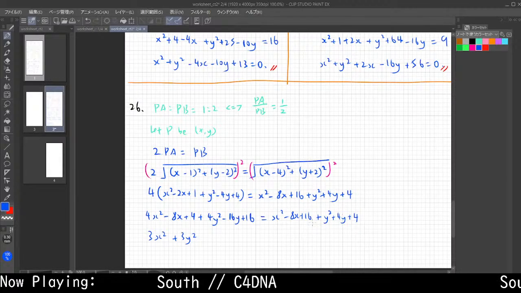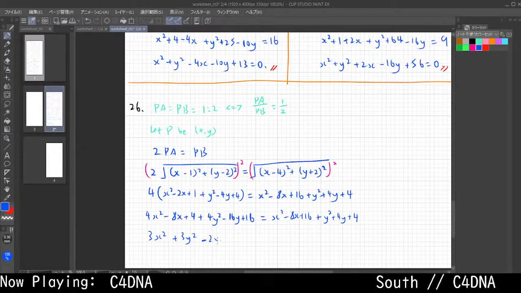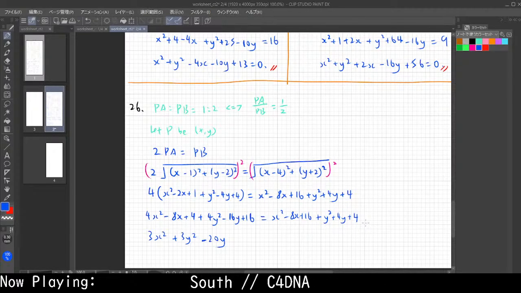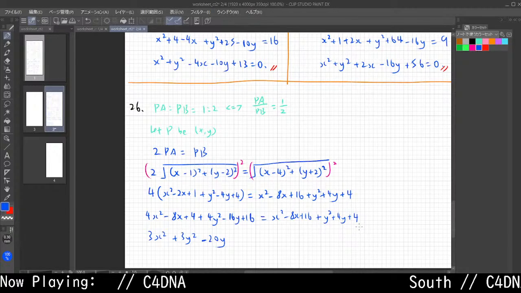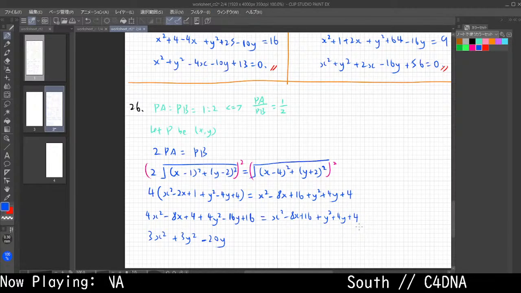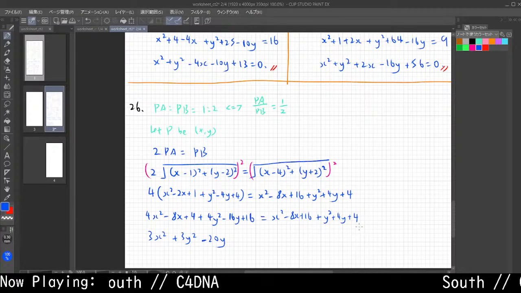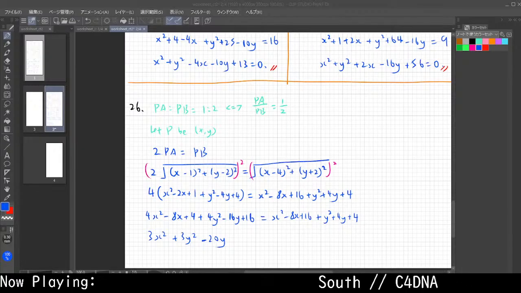Minus 16y, minus 16 minus 4 becomes minus 20. 4 plus 16 is 20, 20 minus 20 is 0, and 4 minus 4 is 0. So the number is also 0 apparently. I didn't do anything wrong over here, right? Yeah, I think so.